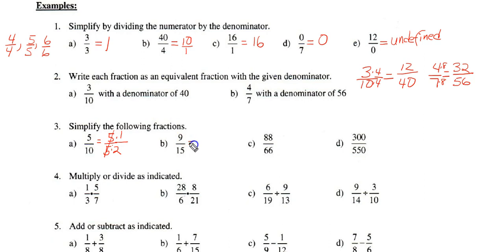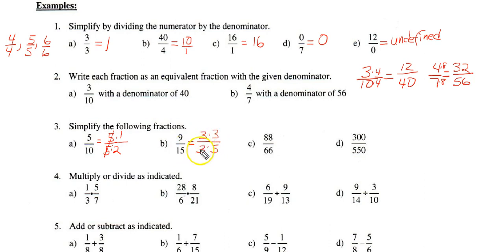Now, in this one, we want to, again, simplify it. Are there 1s there? Well, I know I can take a 3 out of that, and a 3 out of that, and here I'm left with a 3, and here I'm left with a 5. So 3 times 3 is 9, 3 times 5 is 15.